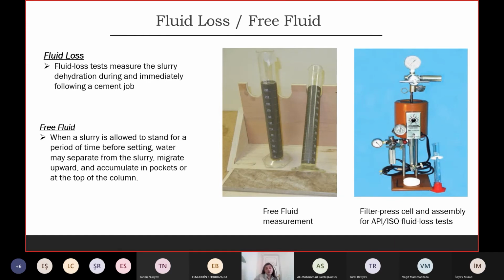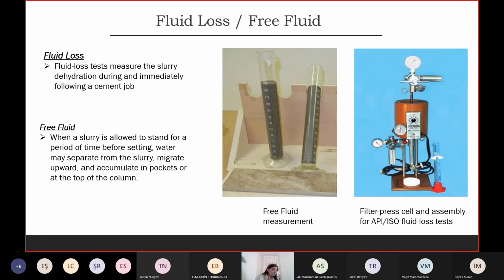It will dehydrate, its water will be removed from it. Sometimes that's a good parameter, when you would like to get high fluid loss, and sometimes you don't want any fluid loss. You want very low fluid loss, and you control this with fluid loss control additives.